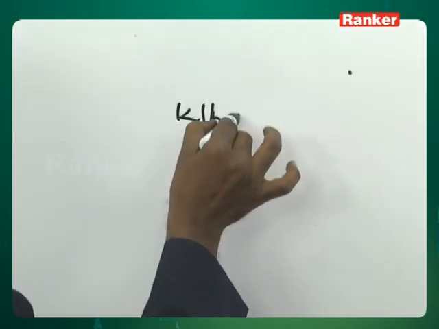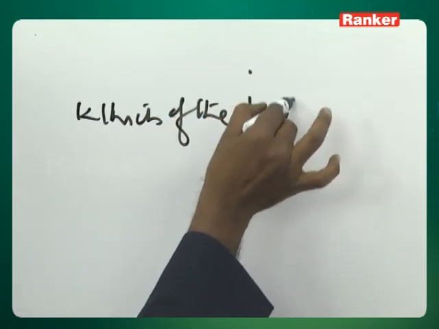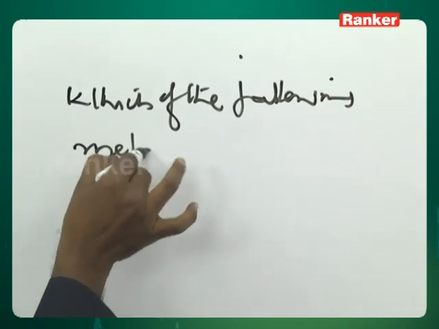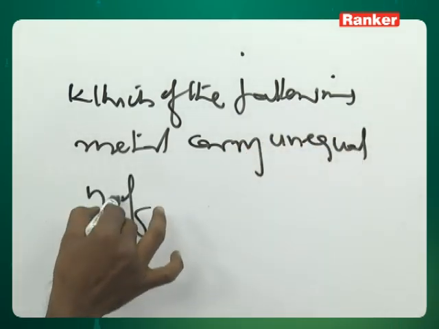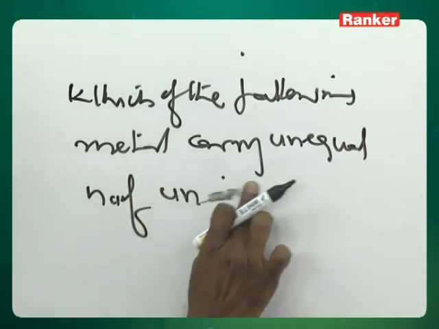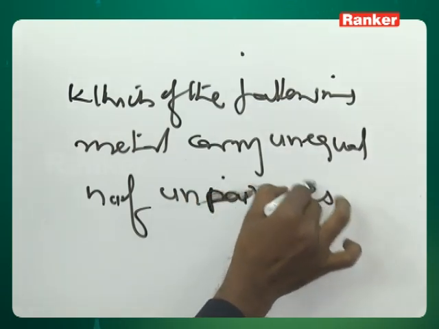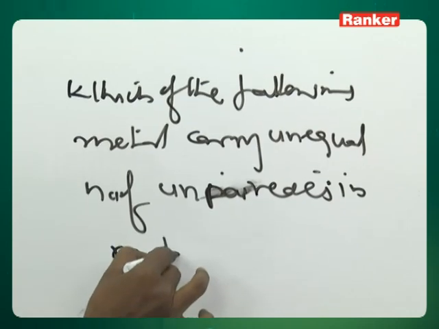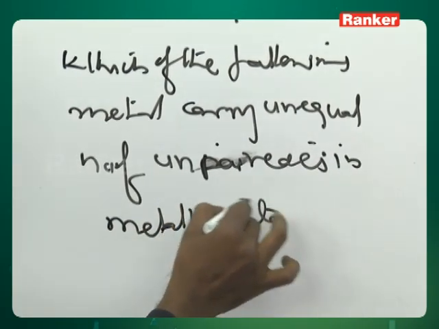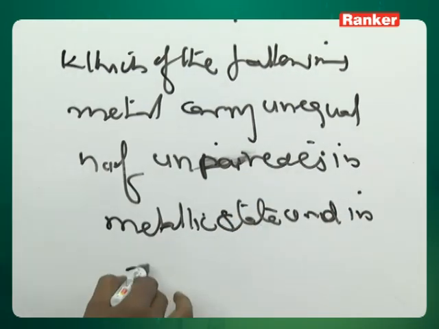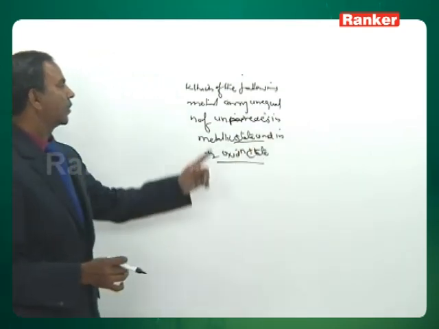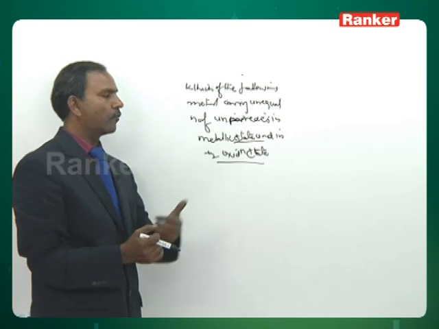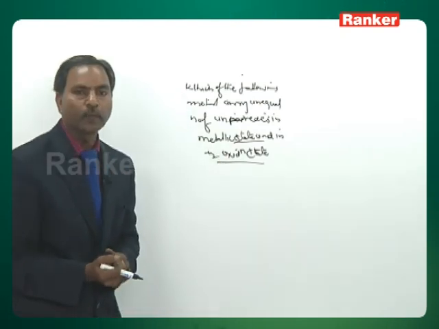Which of the following metals carry unequal number of unpaired electrons in metallic state and in +2 oxidation state?